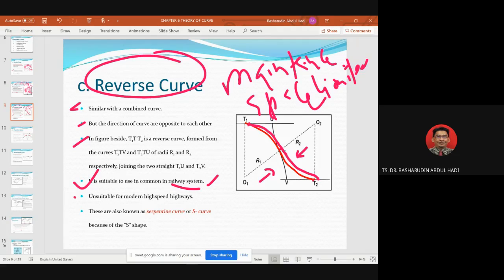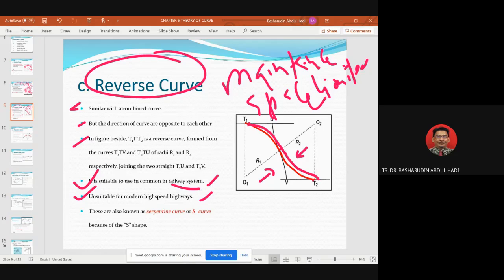It is unsuitable for modern high-speed highways. This one is not for high-speed highways. It is maybe for a road system near stations. You are not going to take around 140 kilometers per hour for a train or roads using the reverse curve.